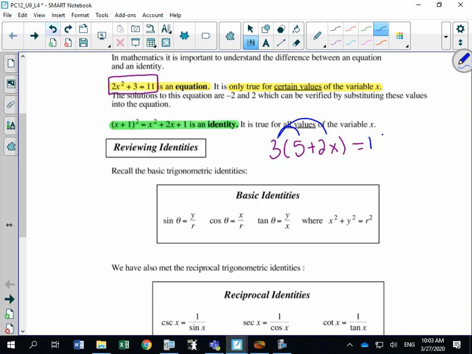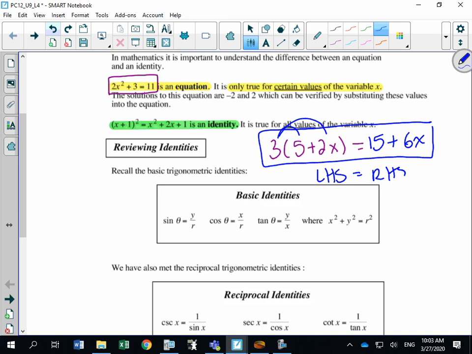Let me fix that. 15 plus 6x. This would be considered an identity, and the left-hand side would equal the right-hand side. I could pick any value for x, plug it in on the left-hand side, and I would get that exact same value on the right-hand side. So whether x is 0, 1, 2, 3, 50, or negative 30, whatever value I choose on the left, it's going to equal the right. So an identity is true for all values of the variable x, okay?